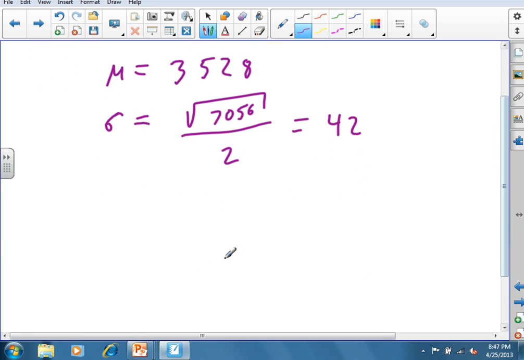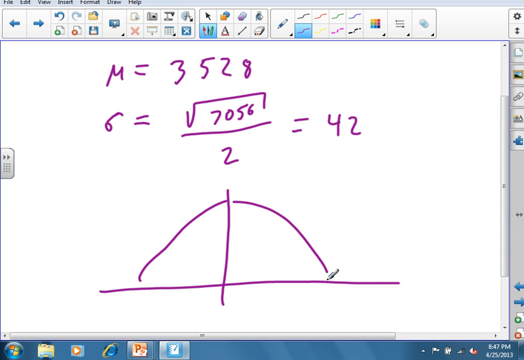Okay, now that we know that, we've got this bell curve, and there's our one standard deviation above, and it's going to be at 3570.